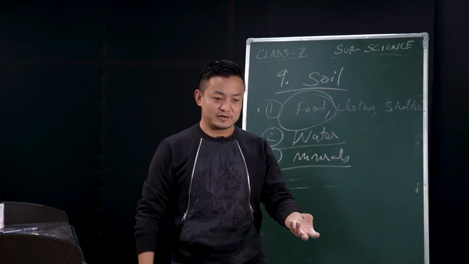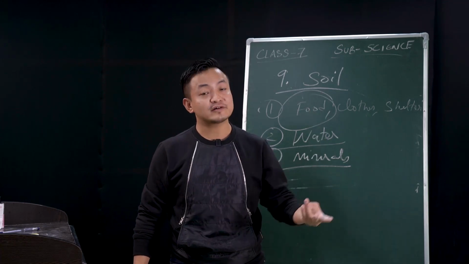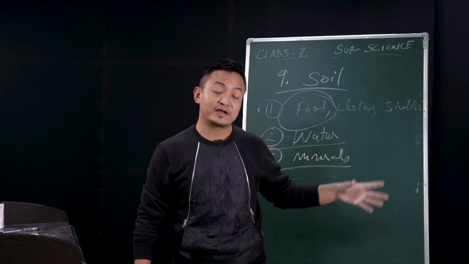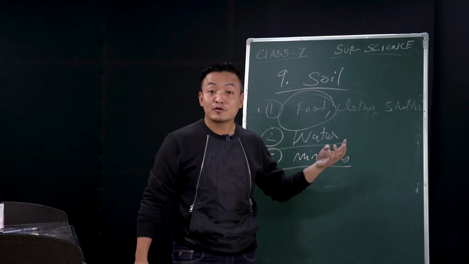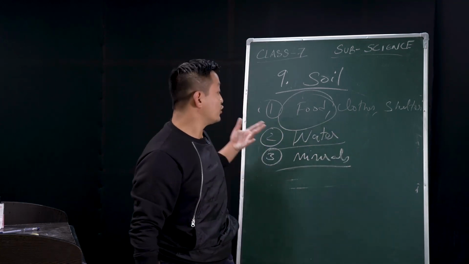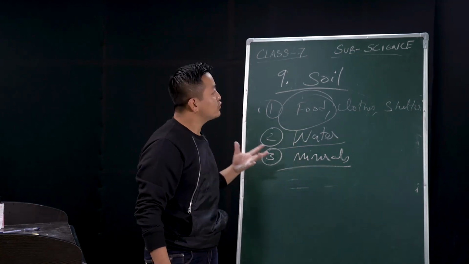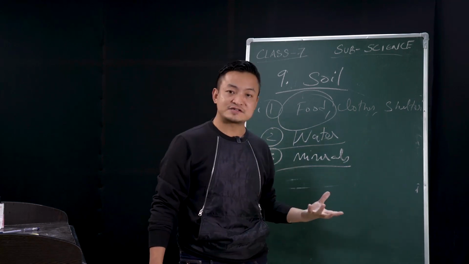We have gold, silver, iron, copper, all the metals obtained from the soil. Minerals like coal, petroleum, everything is obtained from the soil. So now you know why soil is very important for all of us.